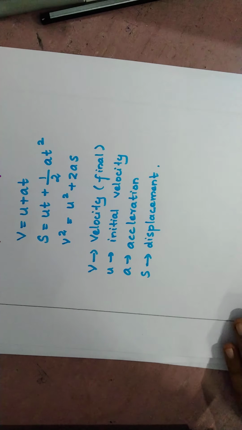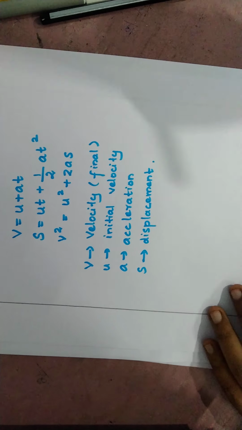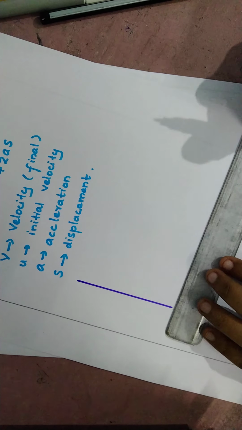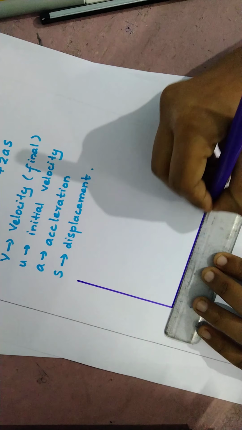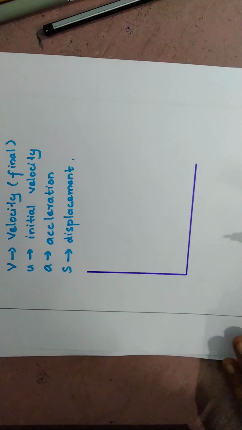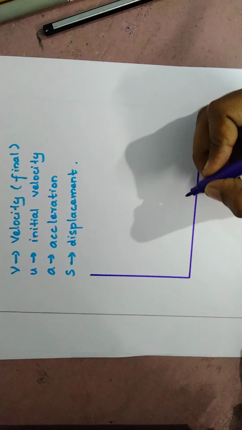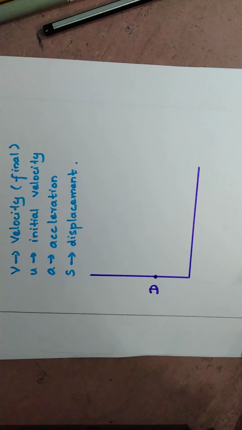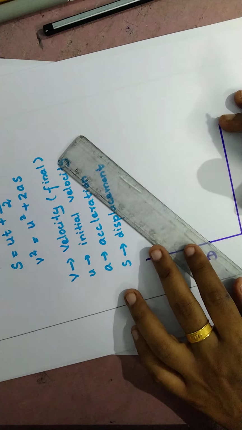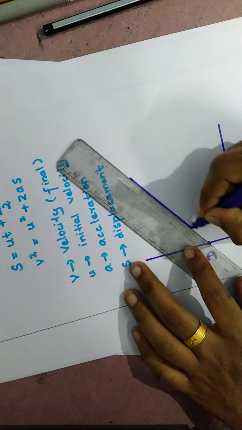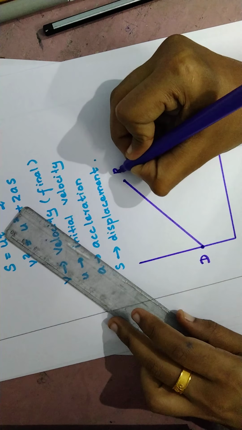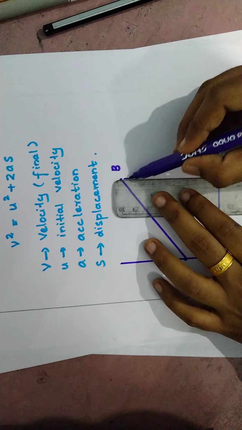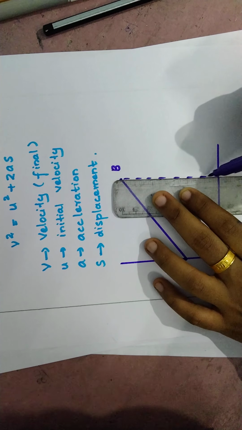Let's draw a graph. A person is standing at a place, which is taken as D, and he is moving in the upward direction up to here, and this place is taken as B. Mark the free places in a dotted manner.